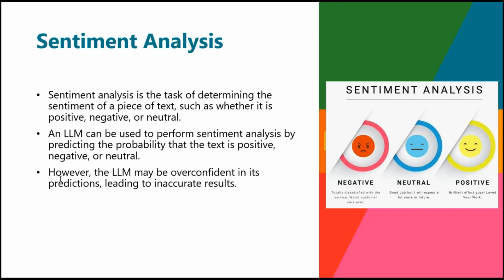Sentiment analysis predicts a label, which was done by traditional models, and now this place is taken by LLMs. Let's apply this to something practical, like figuring out if a text is positive, negative, or neutral. LLMs can do this, but sometimes they are too sure of themselves, and that can lead to wrong conclusions as well. With the growing interest in LLMs, we need to address this issue as well.